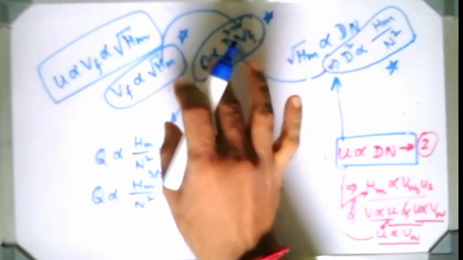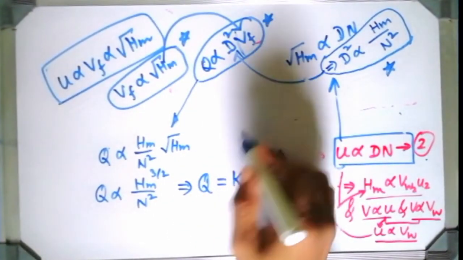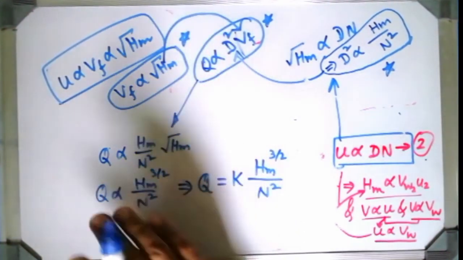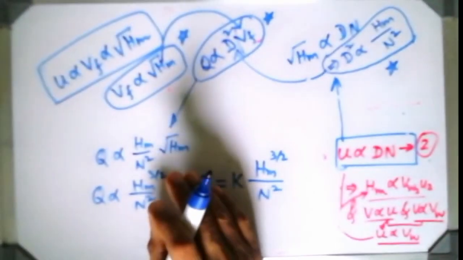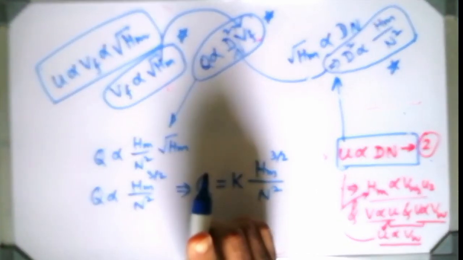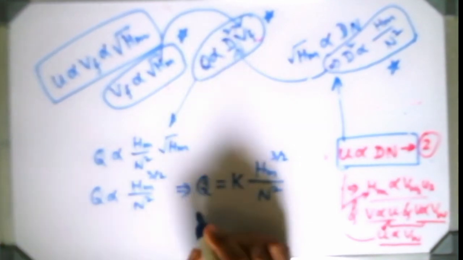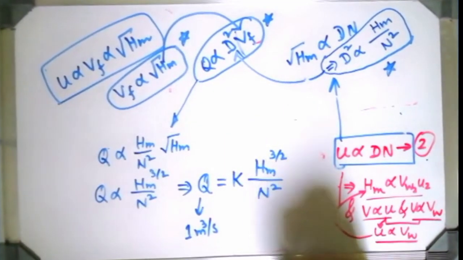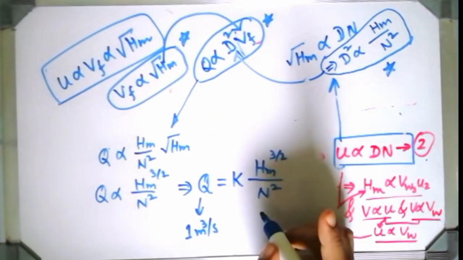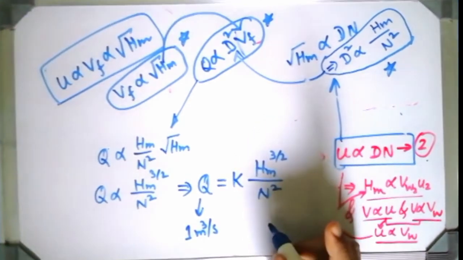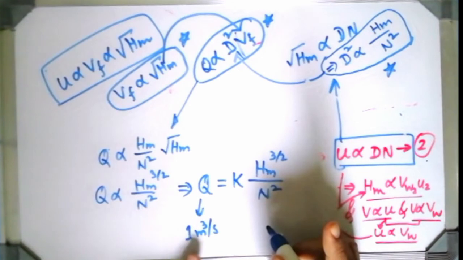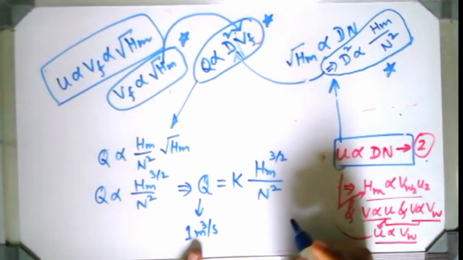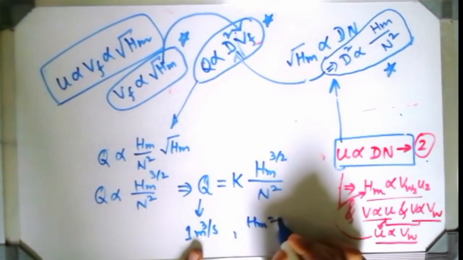Now go back to the definition. What definition? This constant you can call the constant of proportionality. The definition is given in the specific speed: specific speed is defined for a geometrically similar pump which would deliver 1 cubic meter per second, that means q will be 1 meter cube per second, in 1 second this will be the discharge, and head will be unit head, that means hm will be 1 meter.